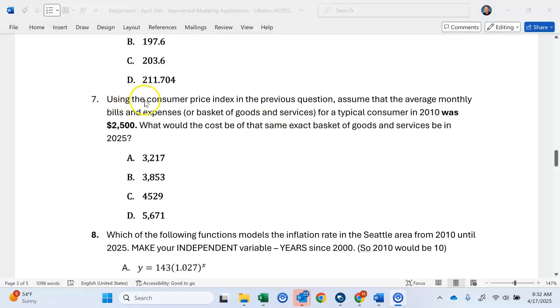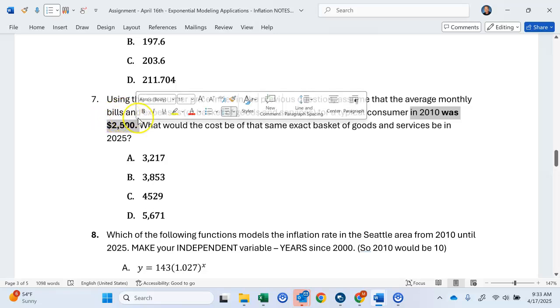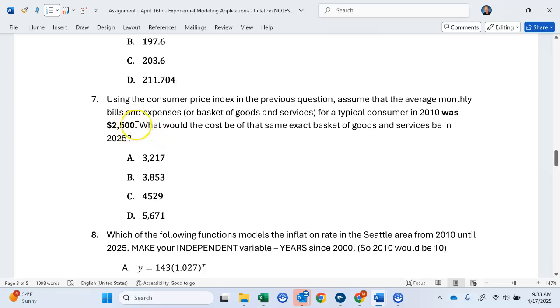Okay, so now we're going to use that consumer price index. Please read this question here. What it's wanting us to do is say that if in 2010 the basket of goods somebody spent monthly for everything, services, everything, is $2,500, what would the cost of the exact same basket of goods be in 2025? Well, we want to go back to the consumer price index in 2010.